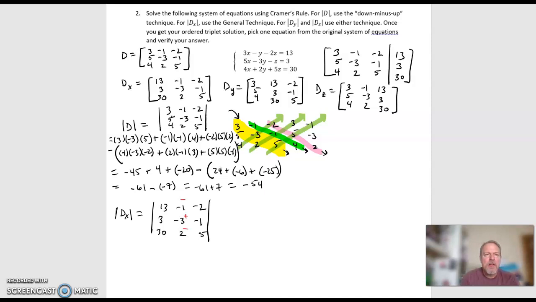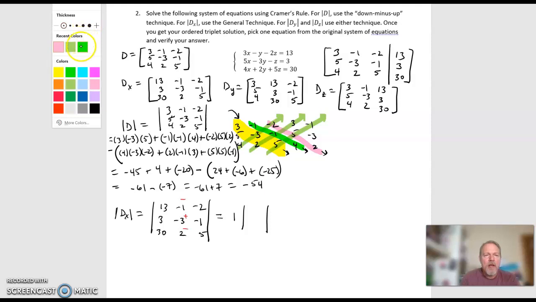Right? And here's how this works. You take the pivot number and do the sign change. So a negative 1 becomes a positive 1, times the determinant of the matrix that you find by covering the row and the column that the negative 1 is in.